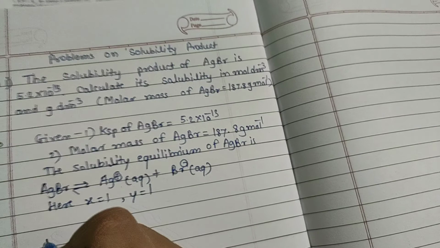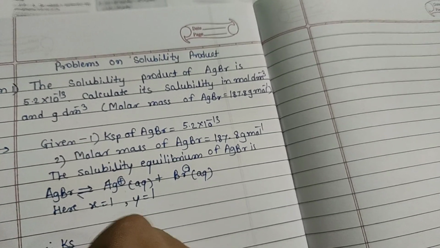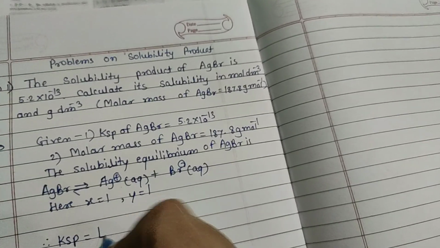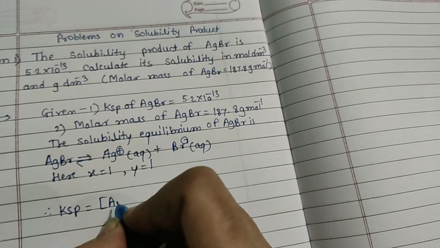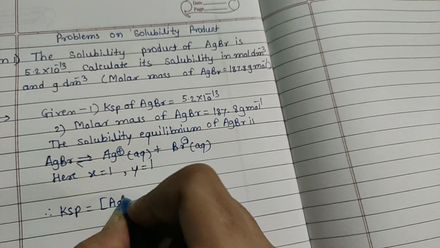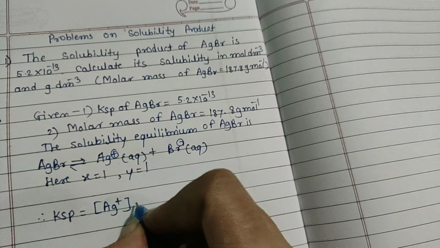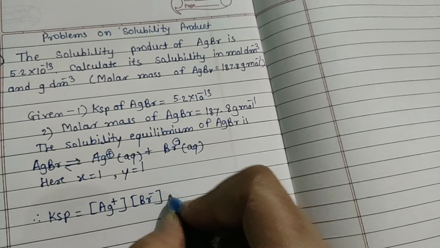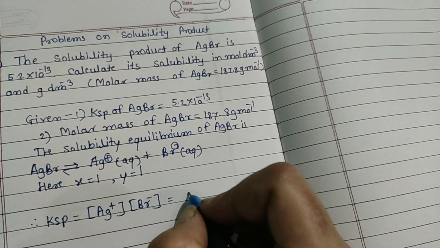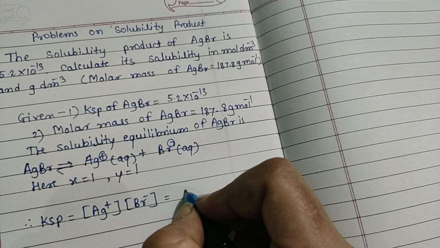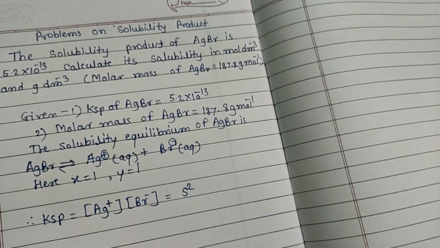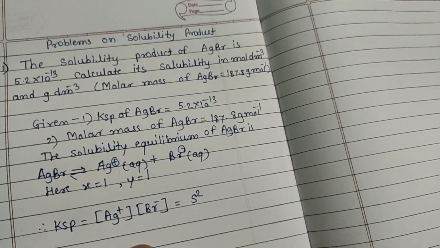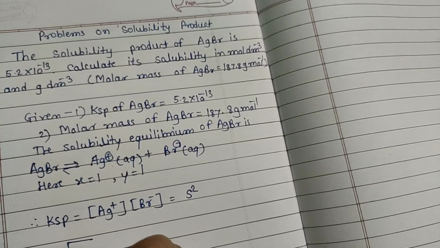Then we write down the Ksp. Therefore Ksp is equal to the concentration of Ag⁺ times the concentration of Br⁻, equal to S². S is equal to the square root of Ksp.